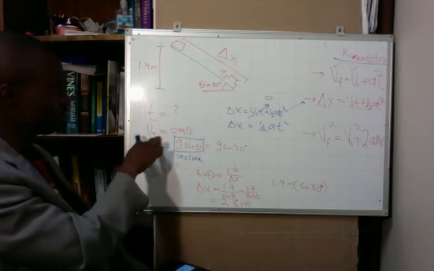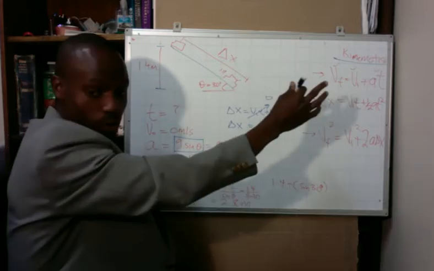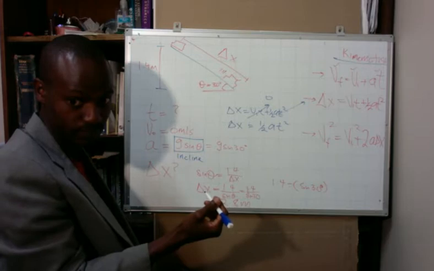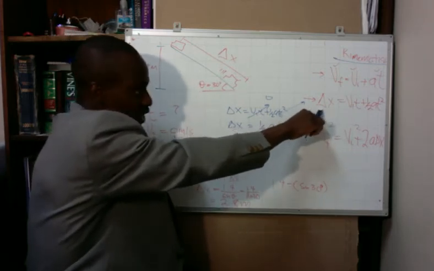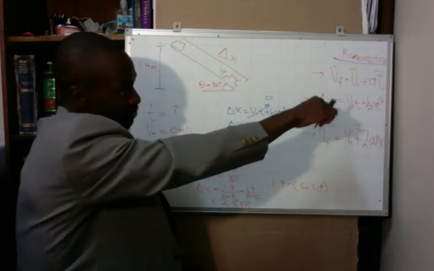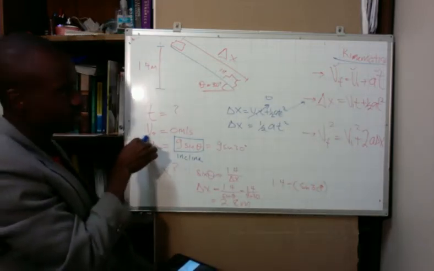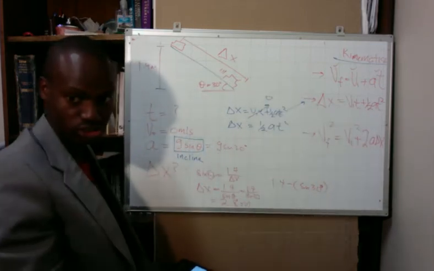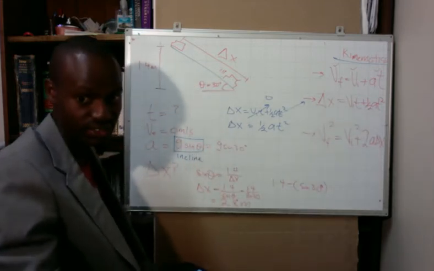Because the v initial times time is just going to go away to 0. Do you agree with that? So if we're using this equation, because the initial velocity is 0, that means this is going to go to 0 because 0 times time is just 0. So you're left with the second part of the right hand side, half a t squared.